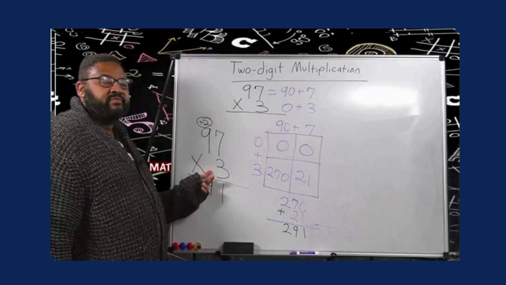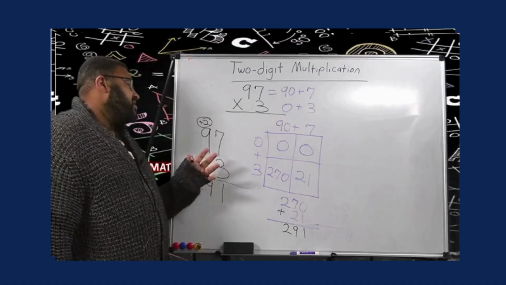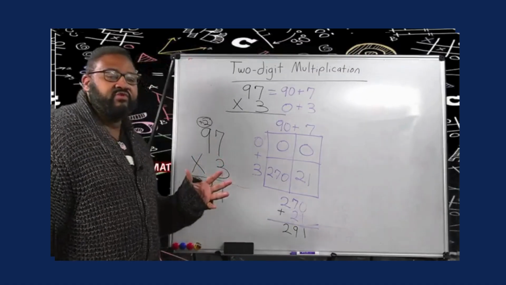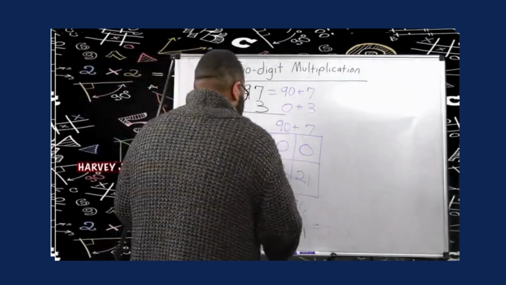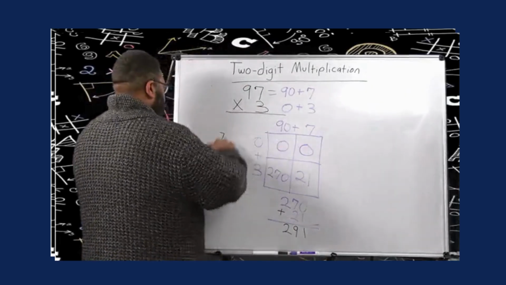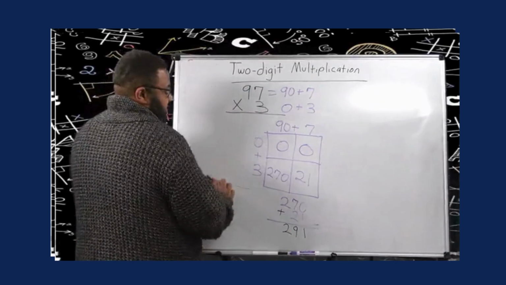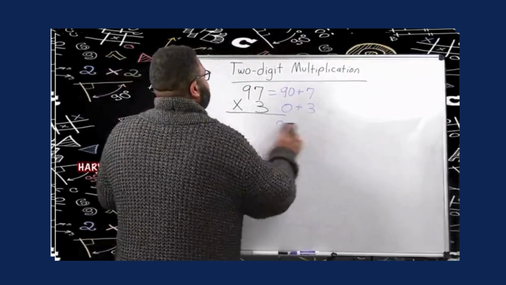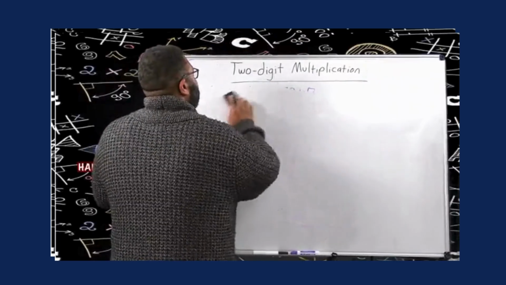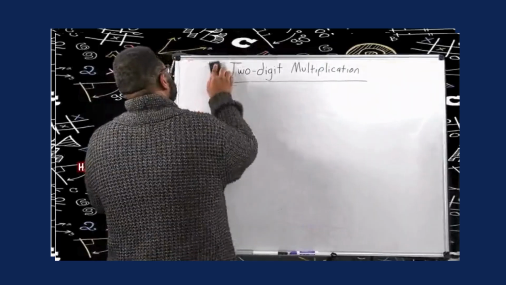So that's why I didn't do the modified traditional. Questions or concerns? So it works either way. All right, let's get back to our 2-digit by 2-digit.